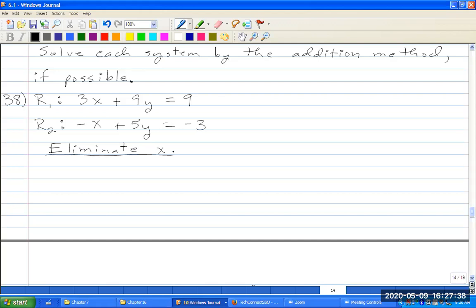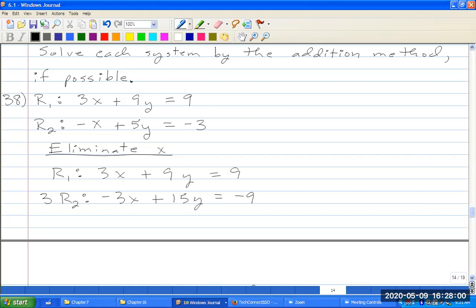So I'll take my first equation, 3x plus 9y equaling 9. I'll take my second equation. If I multiply it by 3, I then get a negative 3x plus 15y equals -9.